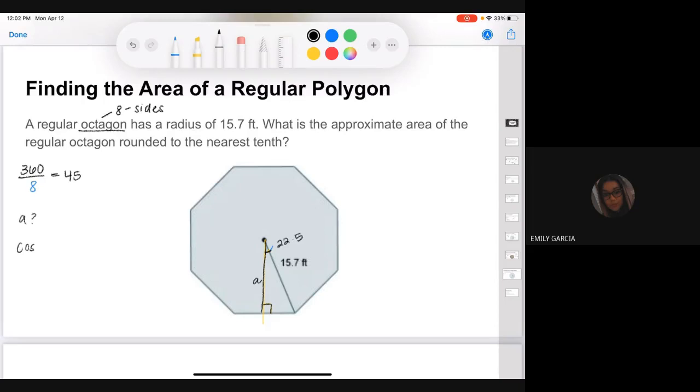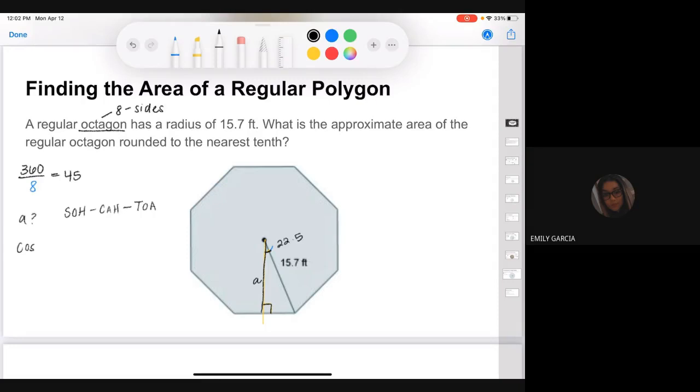Remember my trigonometric ratios. Let me make sure I'm writing this right. So, SOH CAH TOA. Why am I using my cos?